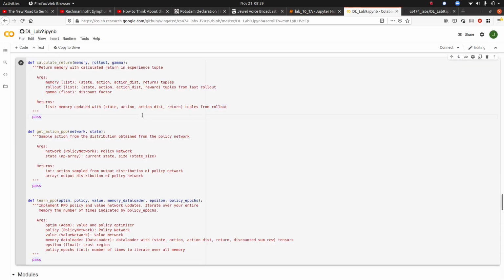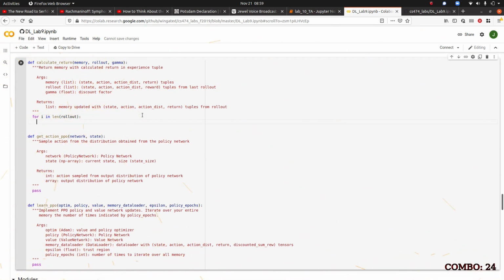So what the pseudocode for that will look like is that for i in the length of the rollout, we're going to have to do a double for loop.